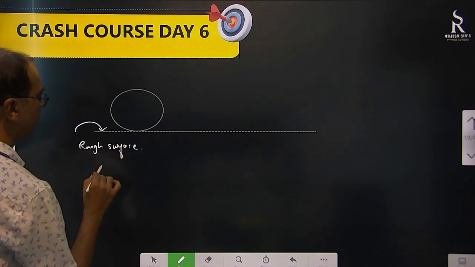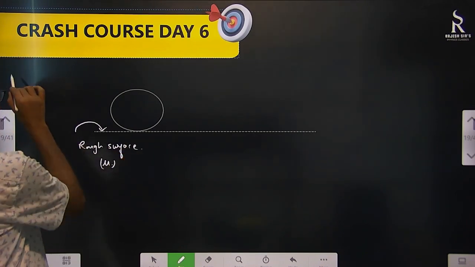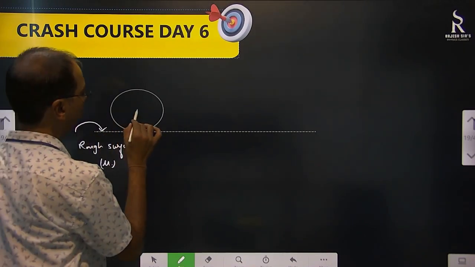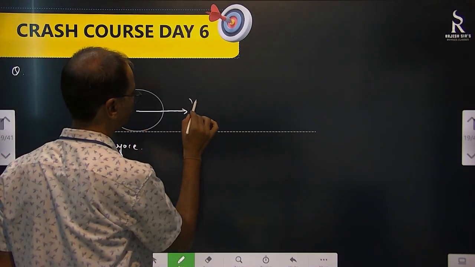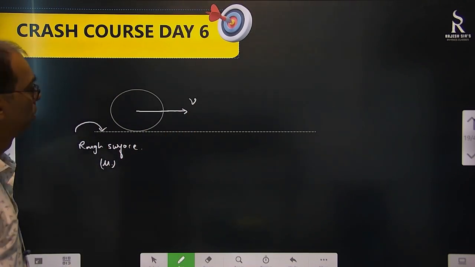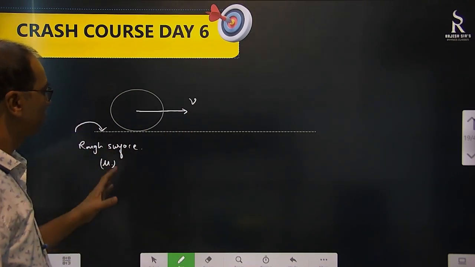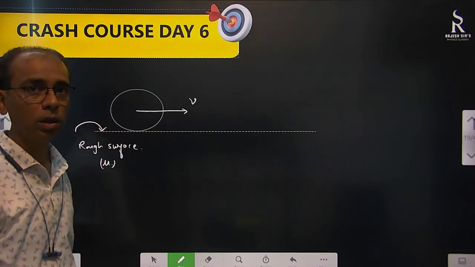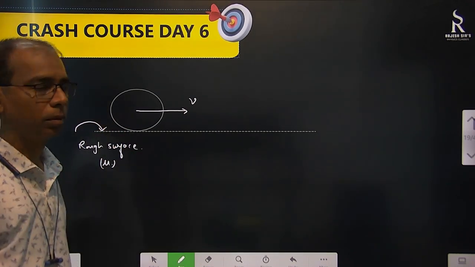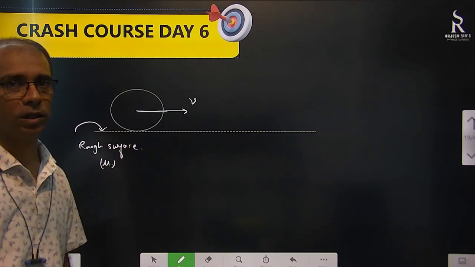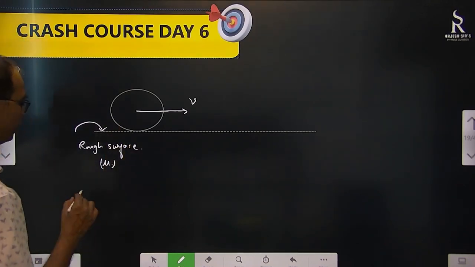Coefficient of friction, we can say mu is there. I have given velocity to the ball. No rotation, only velocity we have given to the ball. And we are asking when it will start pure rolling, after what time, and what will be its velocity at that time.